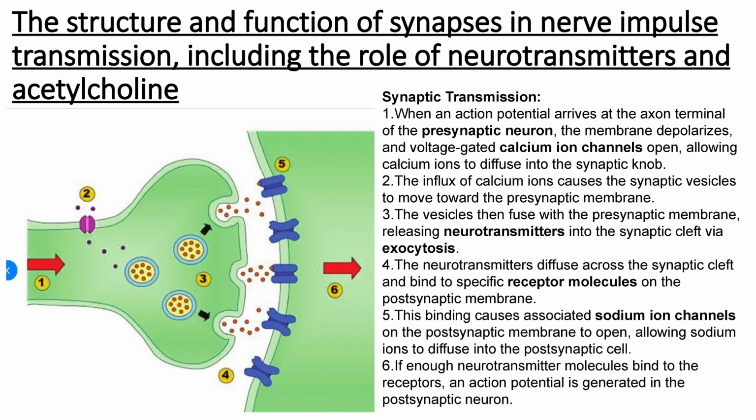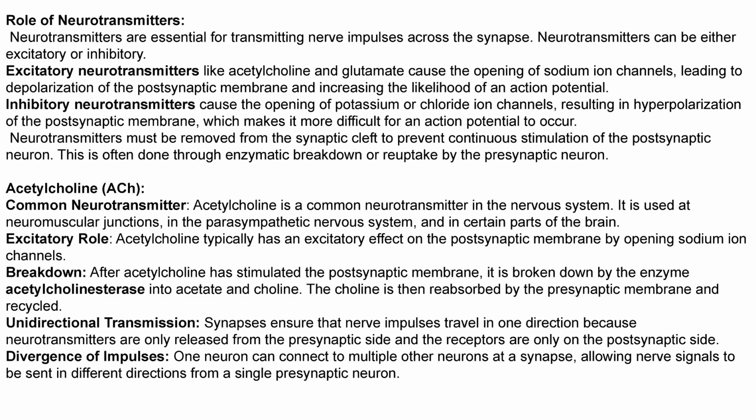This binding causes associated sodium ion channels on the postsynaptic membrane to open, allowing sodium ions to diffuse into the postsynaptic neuron. If enough neurotransmitter molecules bind to the receptors, an action potential is generated in the postsynaptic neuron.